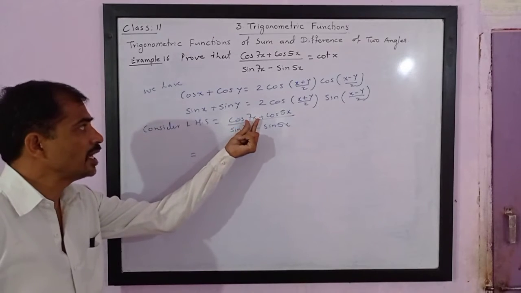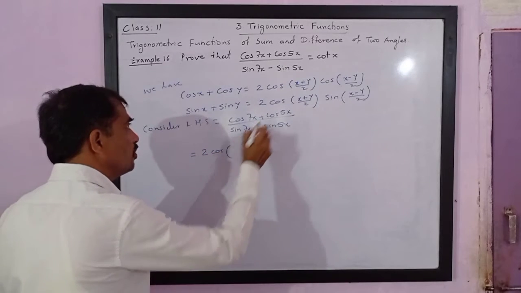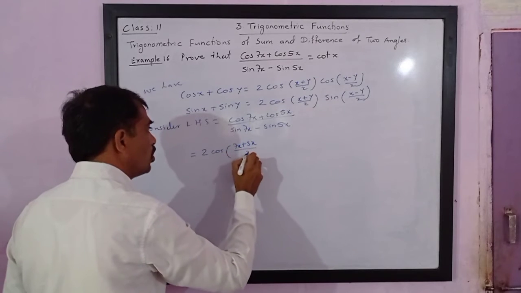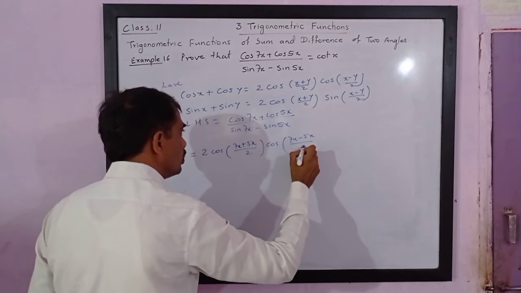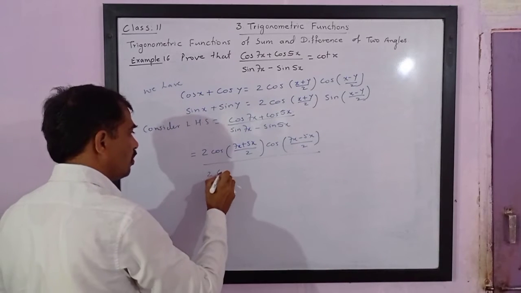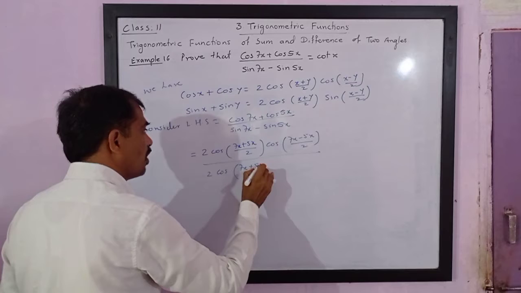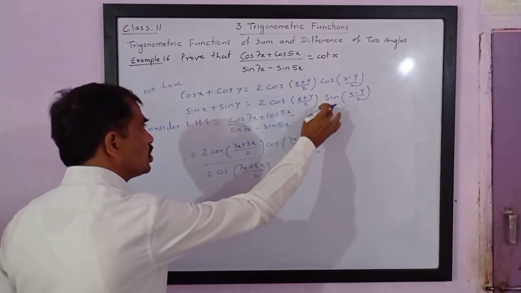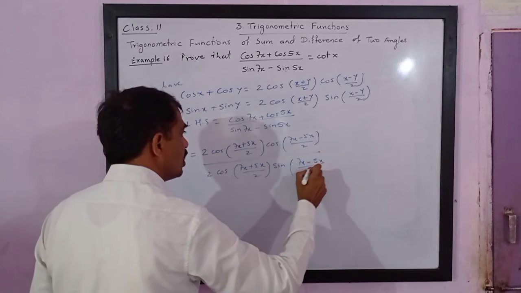Here please consider the first angle as 7x and the second angle as 5x, so we will get 2 cos((7x+5x)/2) into cos((7x-5x)/2), and at the denominator we will get 2 cos((7x+5x)/2) into sin((7x-5x)/2).